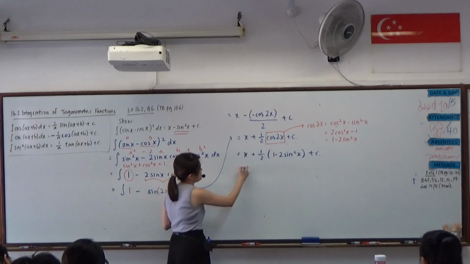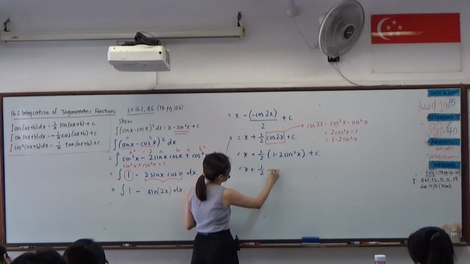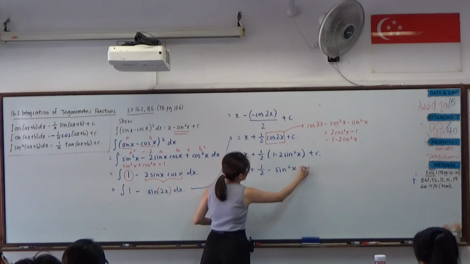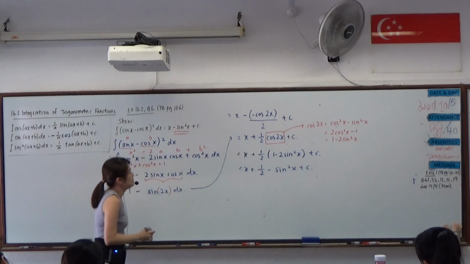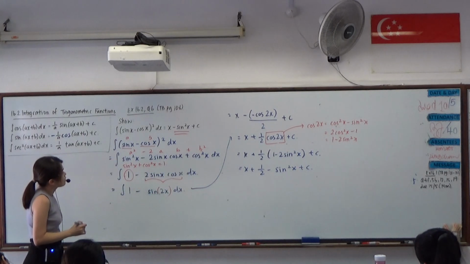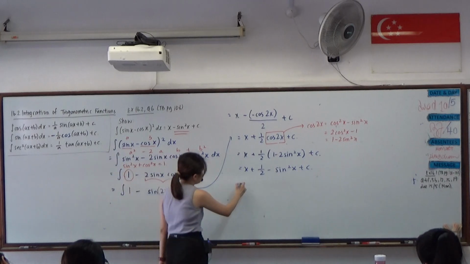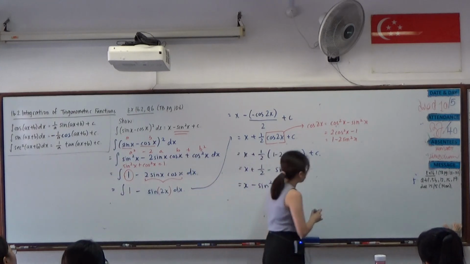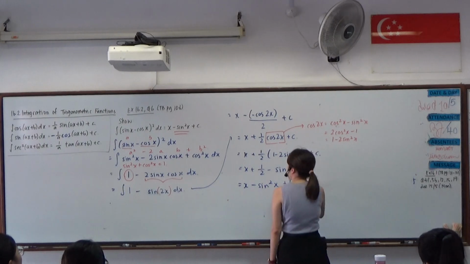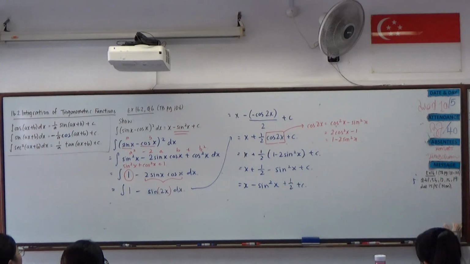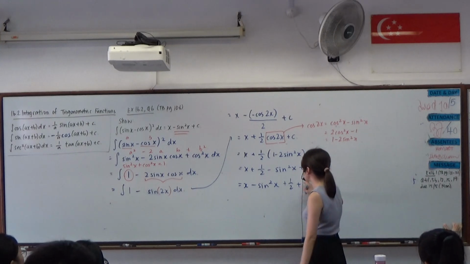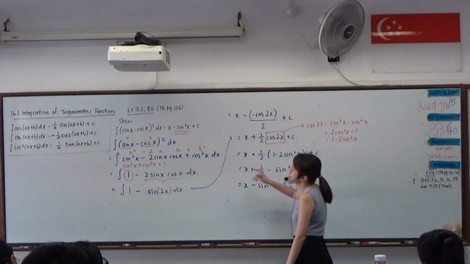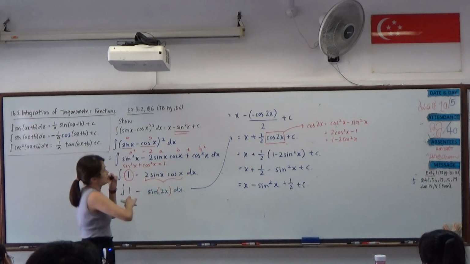And then we expand it, and we'll have x − sin²x plus half plus c. Now you will realize that we have this plus half plus c, which definitely looks different from what the question wants you to see.